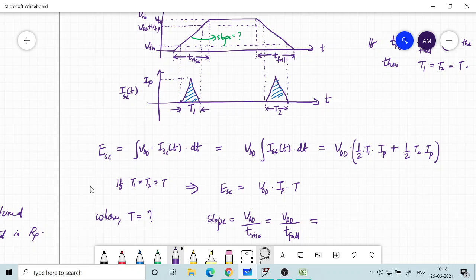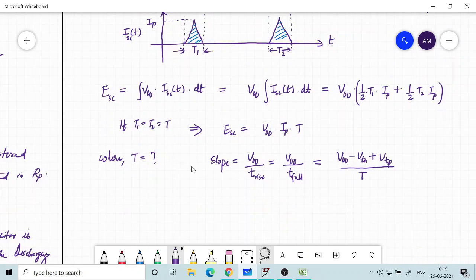And another way I can write this is VDD minus VTN plus VTP, divided by T. So VDD minus VTN, I have subtracted this portion, and if I add VTP, which is negative, that portion will also be cut off, and this is divided by T. So this I can use for finding T.